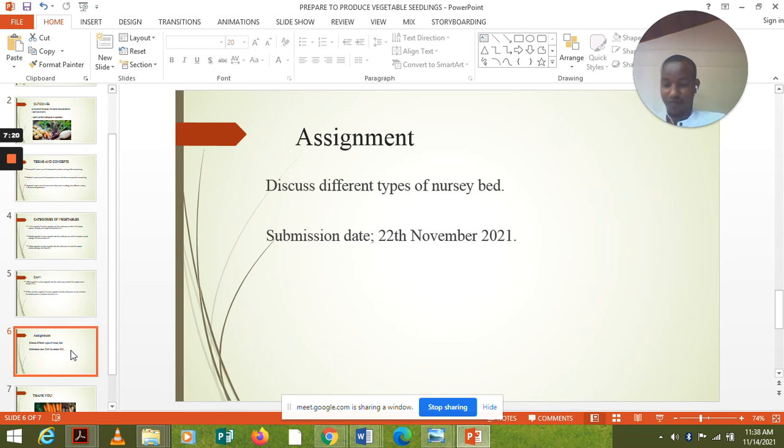What is the average growth period for vegetables? So the average growth of vegetables varies with crops. Some grow between 3 to 4 months, and others go beyond 4 months, that is 5 months. It also depends on the variety of vegetable.